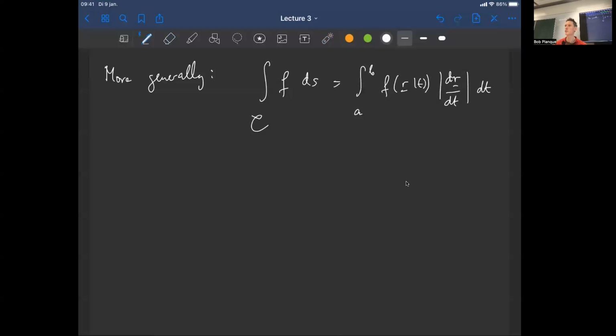And this thing is something that we're familiar with. This is just some function of t. If you can find an antiderivative, you can find this integral. If you can't, well, then you can't. And very often you can't. But in tests, hopefully you can. So this is really notation, and this is computation.